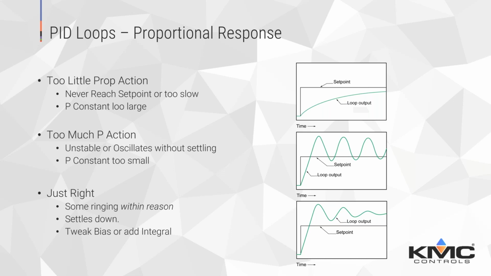One thing to note here is you see as it settles down, we still have that steady state error between the loop output and what the set point should be, and that is normal. So once I do get it to settle down, then I can either tweak the bias to try to draw down the loop output towards the set point, or I can add a little integral to try to settle that steady state error out of the system.